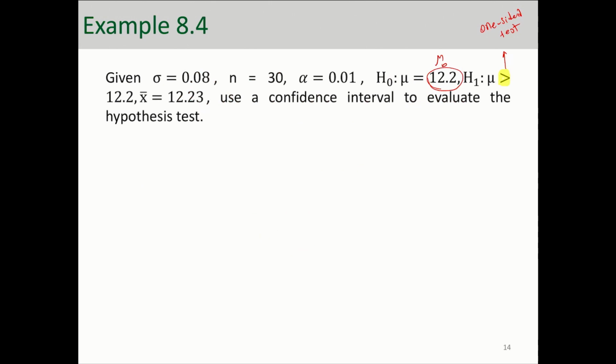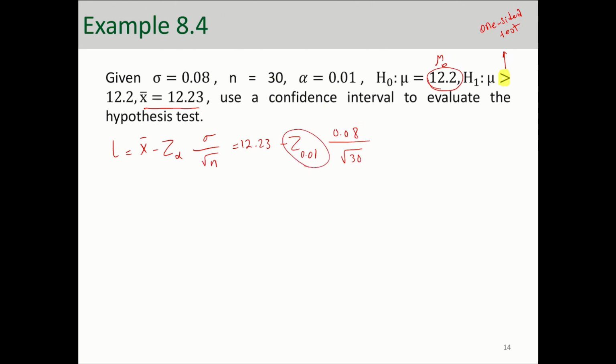So I'll be calculating that L, or lower confidence limit, is x bar minus z of alpha sigma over square root of n. 12.23, that's our sample average, minus z of 0.01 times 0.08 ounces over square root of 30.